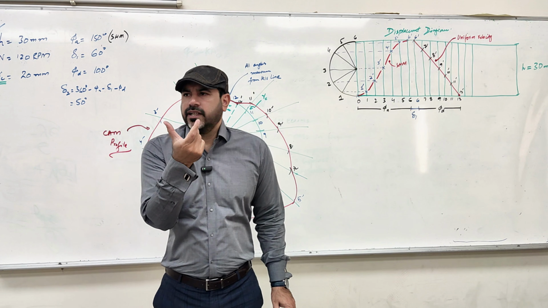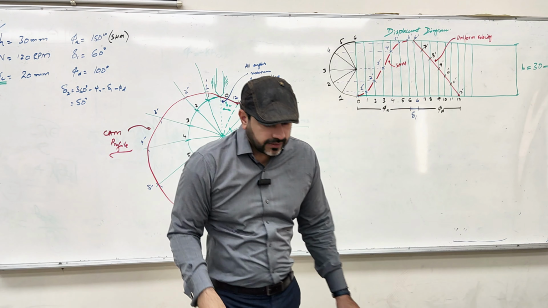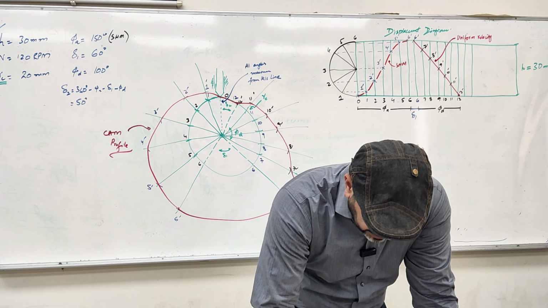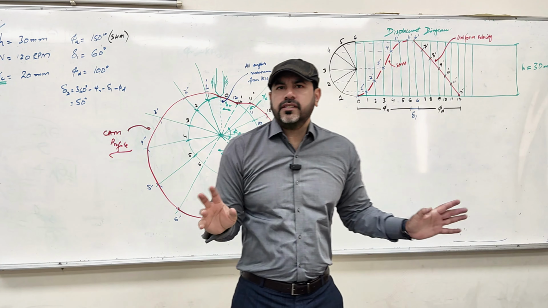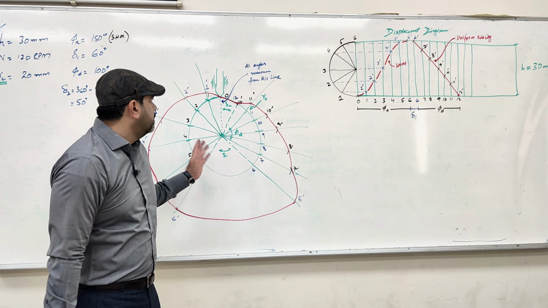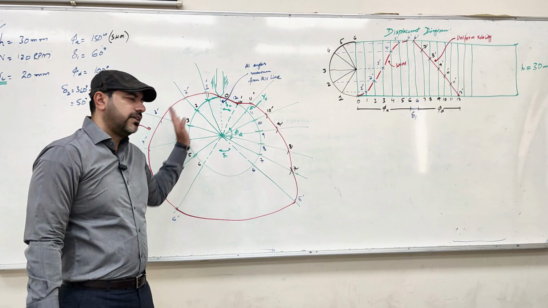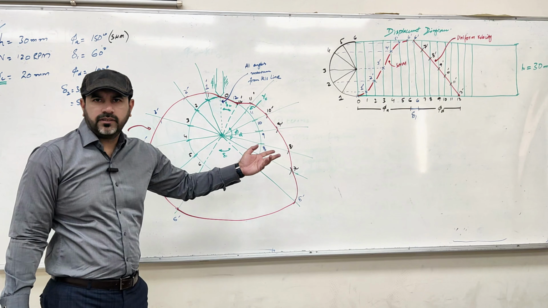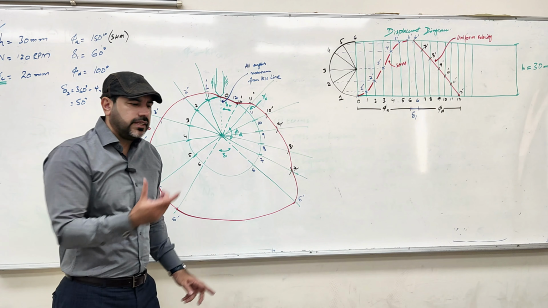The cam itself is like a coin. You can see it like this, you can see it like that. I think this information is mentioned somewhere over here. It's like moving clockwise or anti-clockwise, but it doesn't matter. You can draw it clockwise as well. But if you draw it anti-clockwise, we have solved all these problems assuming it's going in this direction.